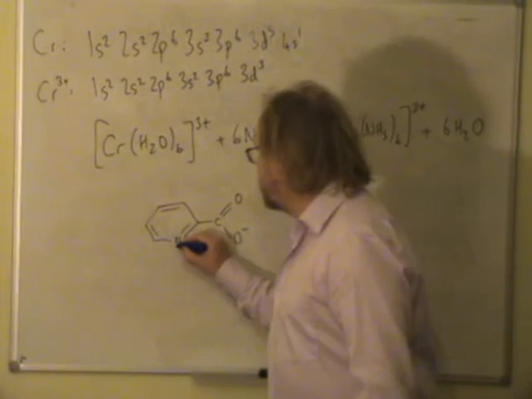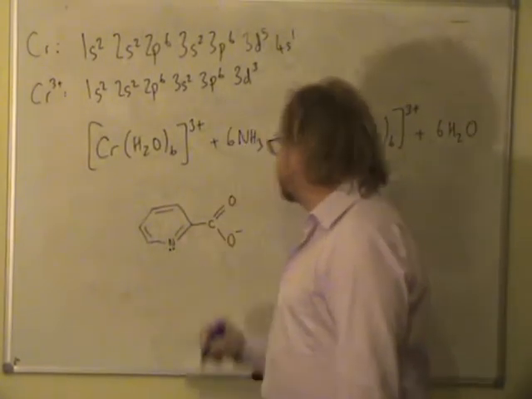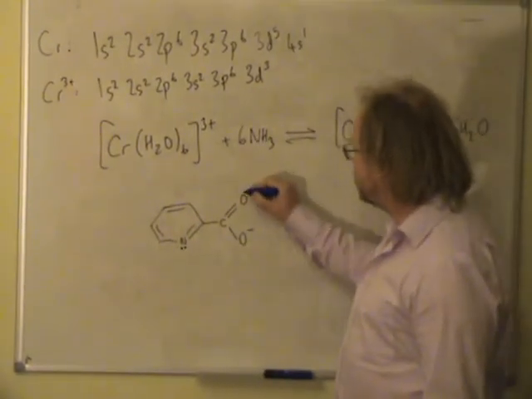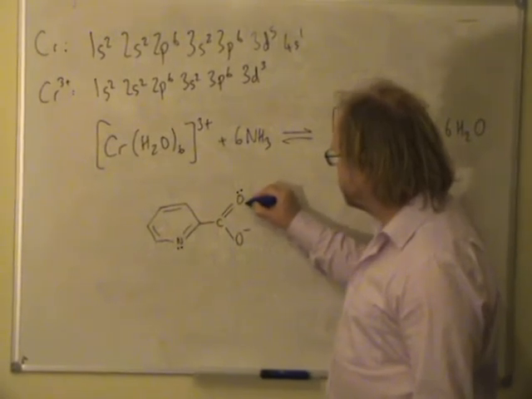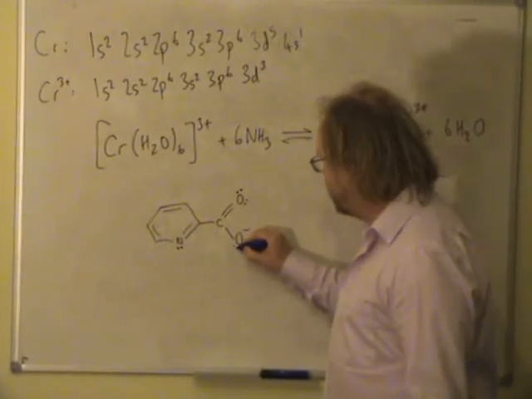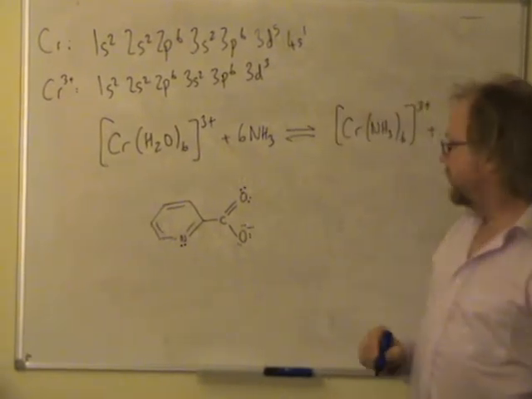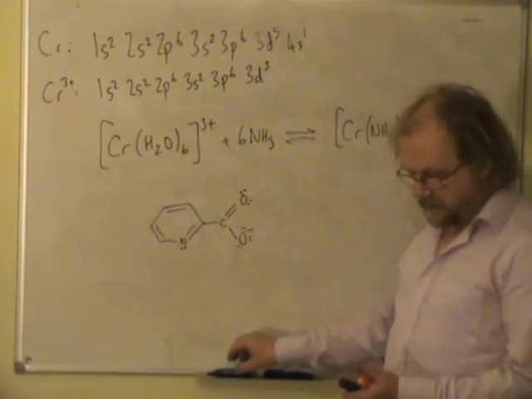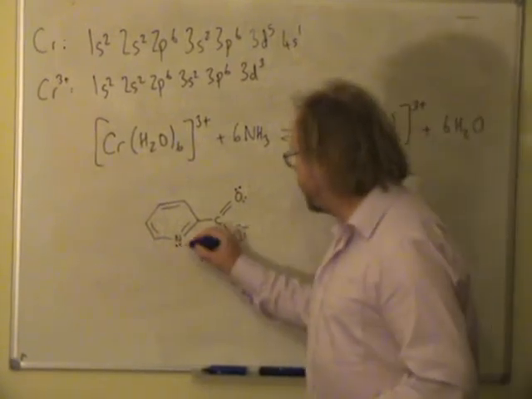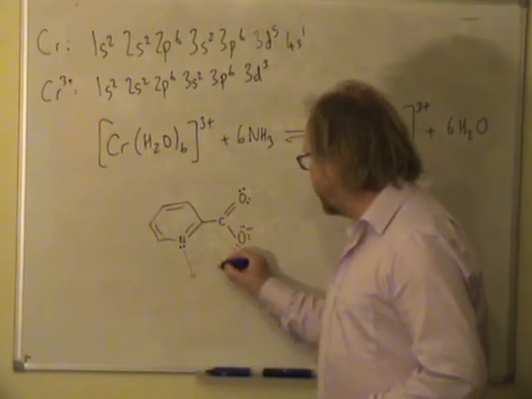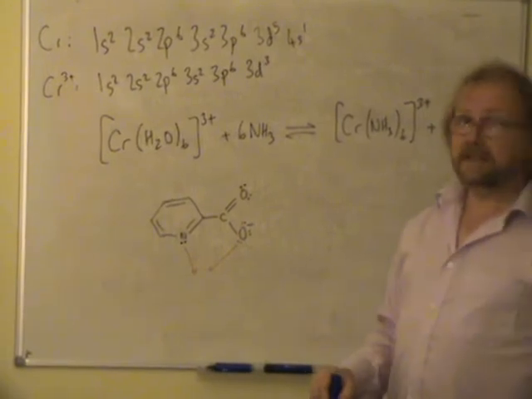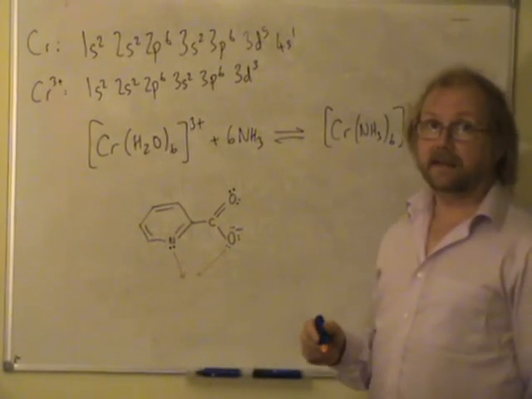So in this case, that nitrogen has got a lone pair, and those 2 oxygens have also got lone pairs. That one's got 2, that one's got 3, but it doesn't really matter how many they've got, because 1 will do. And so the idea is that it could use that lone pair and that lone pair to form a dative covalent bond to the same metal ion.